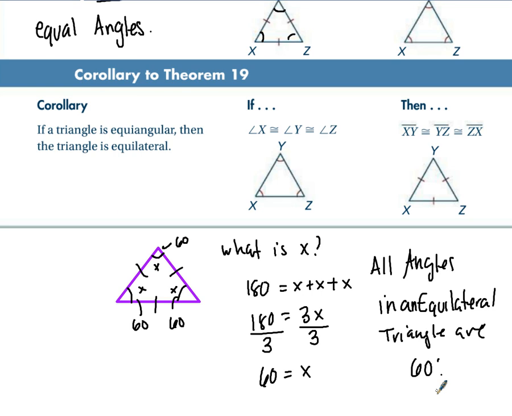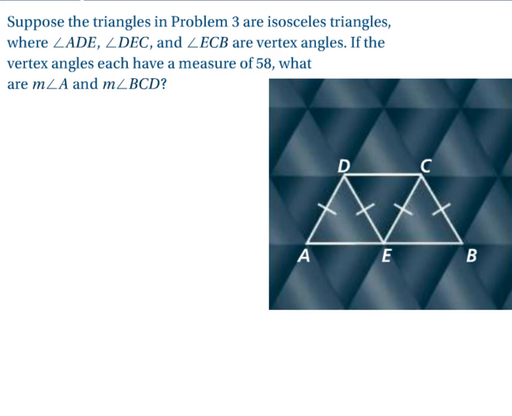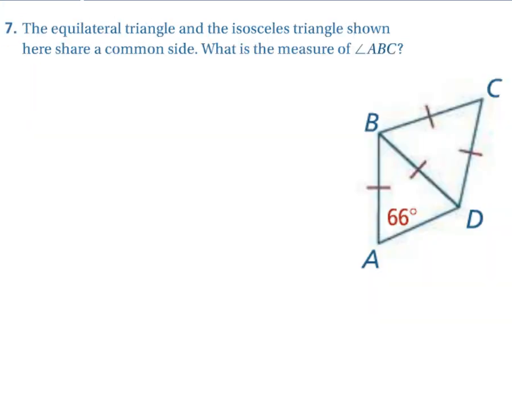Okay, so the equilateral triangle and the isosceles triangle shown here share a common side, BD. I want to know what the measure of angle ABC is. So I want to know this angle right here. To find that out, I need to find the pieces of B. So let's look at triangle ABD.